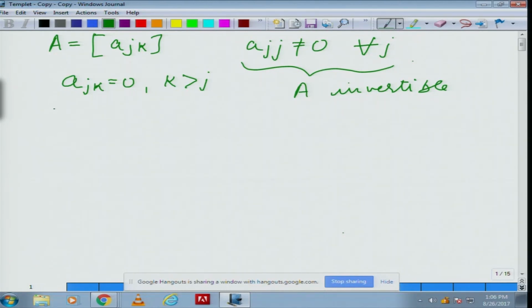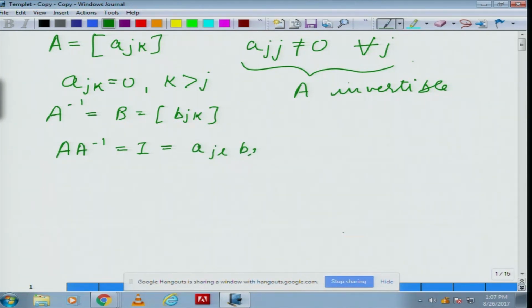Then we assume A inverse to be B, that we'll take to be BJK. So A into A inverse will be identity, which can be further written as sigma AJL into BLK, L going from 1 to N, to be delta JK.